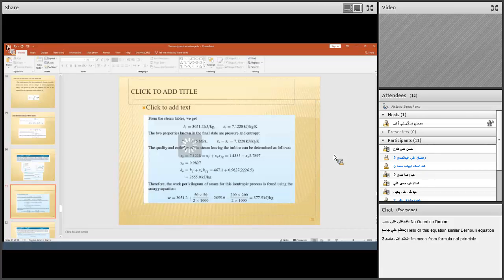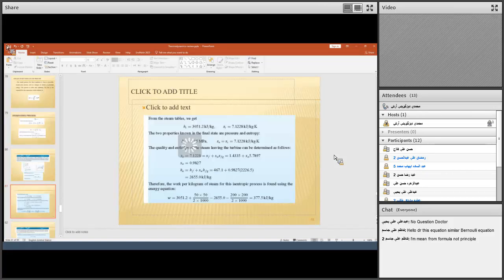So at the outlet, we have entropy, and the pressure is known. If we consider the table of thermodynamics, entropy at exit equals entropy of liquid state plus quality at exit times s_fg, which means entropy of vapor minus entropy of liquid.